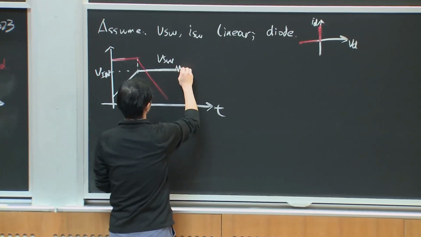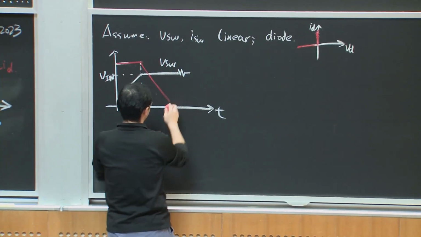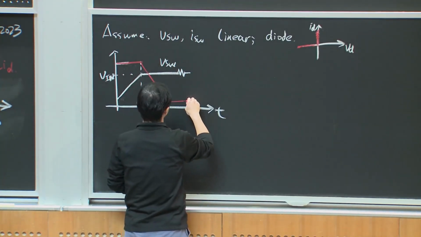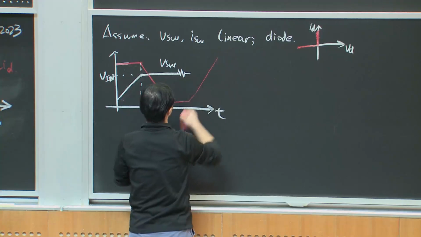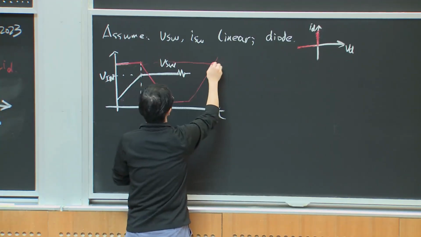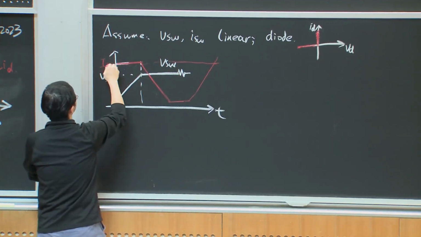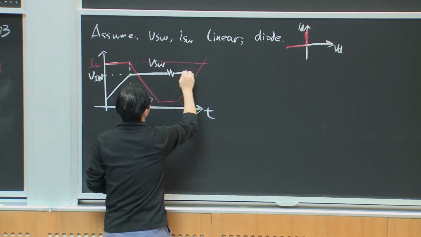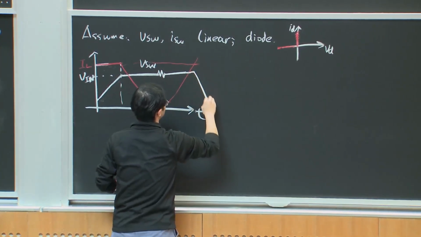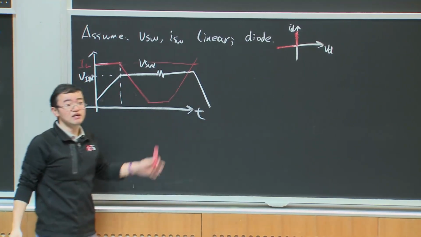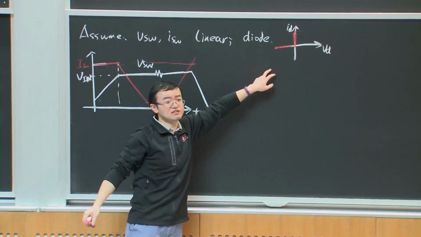And similarly, during the turn on, we can also say that the switch current increases first. And when the switch current goes to its maximum, which is IL, then the switch voltage will decrease. And why is that? It is also because of the characteristics of this diode.